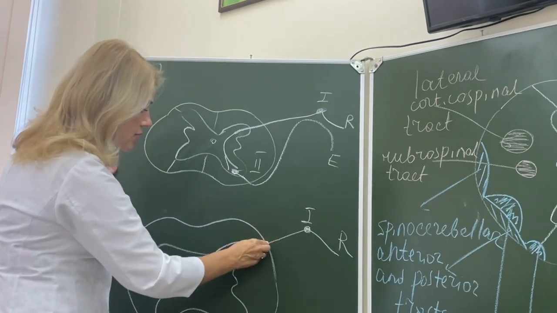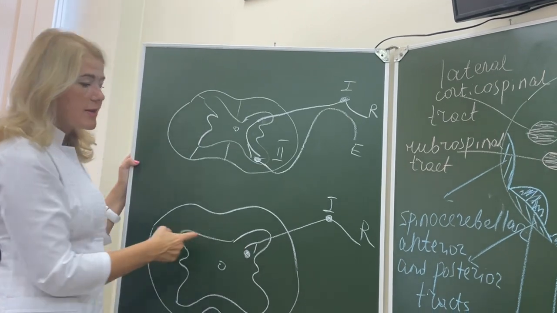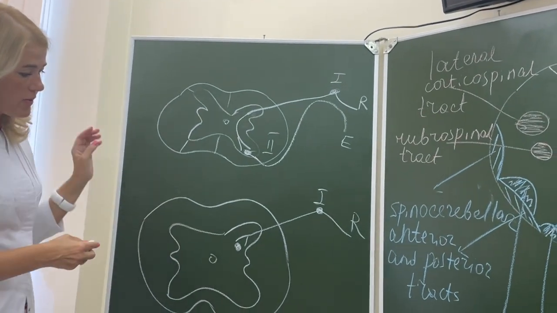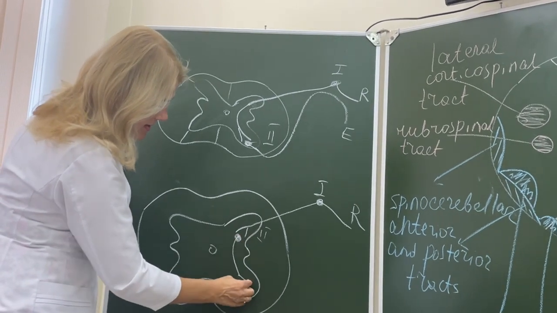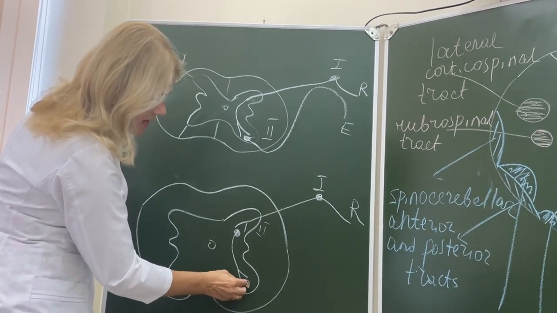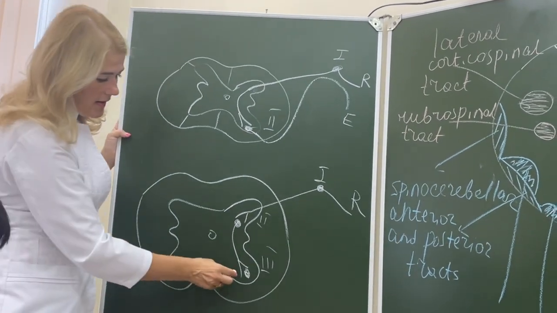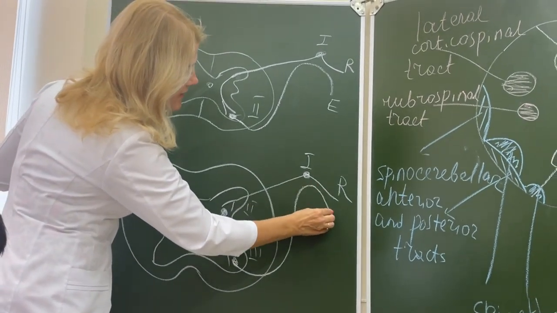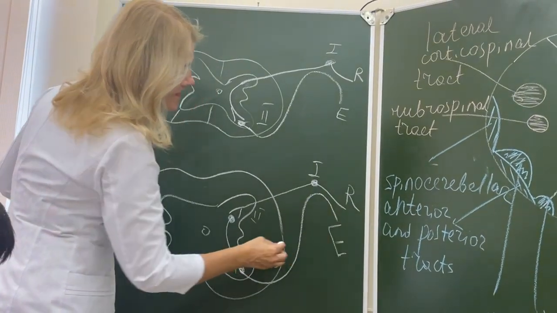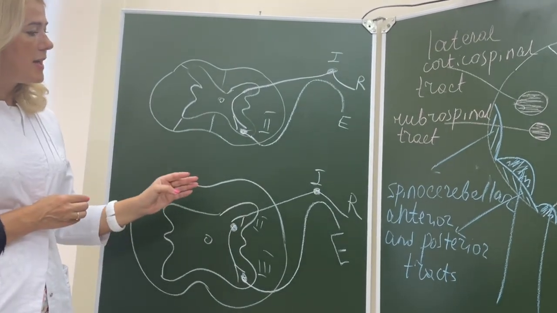The second neuron, as we said before, will be formed in the posterior or lateral horn. The third is in the anterior horn, and the axon of this neuron is directed to the effector, and we get three neurons.